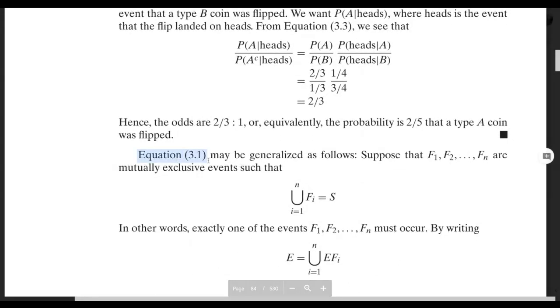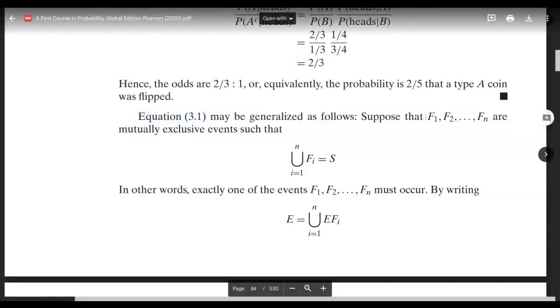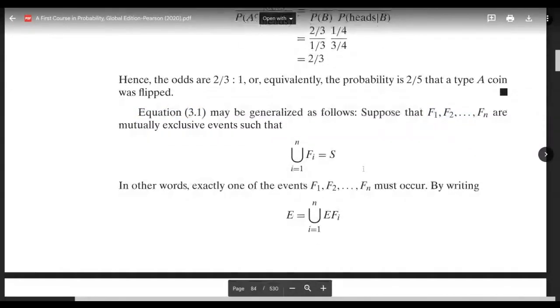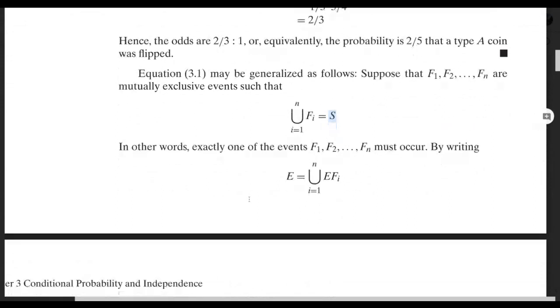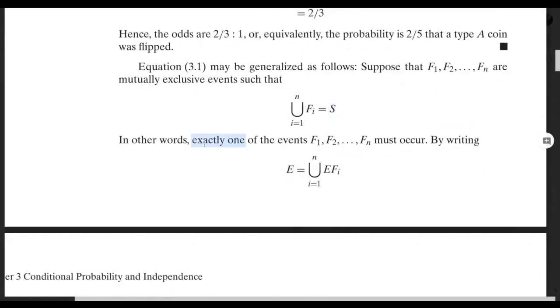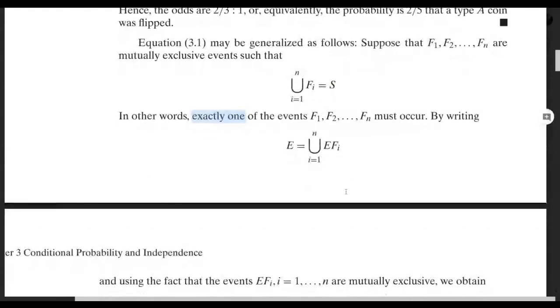Okay, equation 3.1 may be generalized to the case of n events. Right? If the sample space is the union of all those n events, and exactly one of the events must occur, by writing the event E equals the union of the intersections of E with each of these F's.